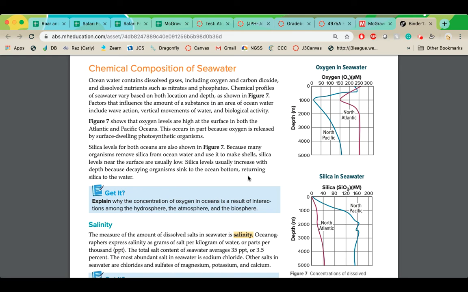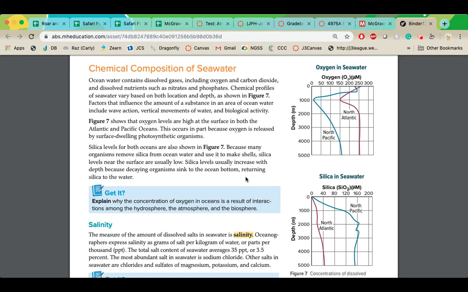There tends to be more oxygen at the surface of the water because of photosynthesis. There also tends to be a lot of silicates, silica, at the bottom of the ocean from things that have died and their shells have collected. Near the surface, there's less silicates because living things pull them out to make their shells, and then there's a lot more at the bottom.